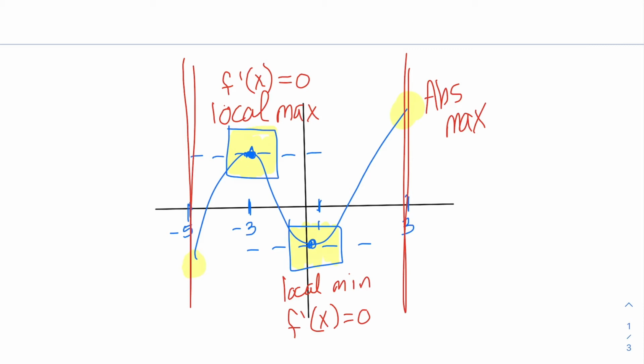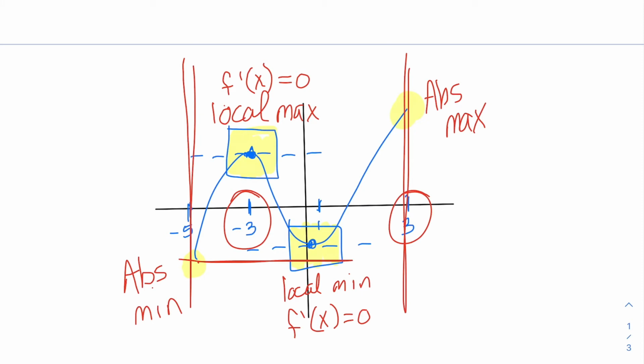So we have a local max right here when x is -3, but we happen to have an absolute max at the endpoint of our function across that interval. And we see the opposite is true over here, where we have an absolute minimum value at -5. If we compare the value of the function at that point, the y value is less than what we had here for our local minimum value.